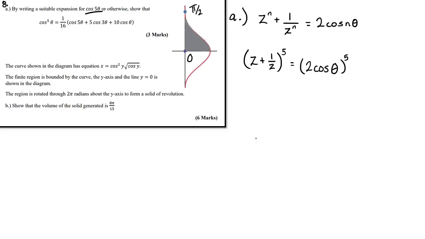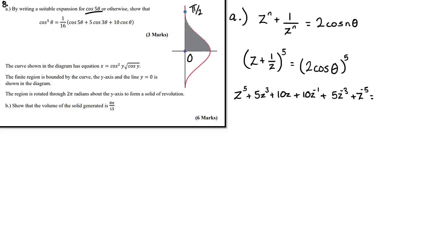But what you should get using binomial expansion is z to the 5 plus 5z cubed plus 10z, and then we get plus 10 over z, or z to the minus 1. I'm going to write everything in index notation. Plus 5z to the minus 3, and then finally, plus z to the minus 5.